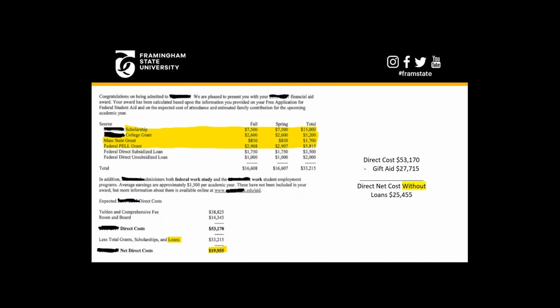So the net direct cost that they're calculating here does include the loan, and it's $19,955. So you can see it would be a lot more to attend this school, even though they did give more in financial aid.